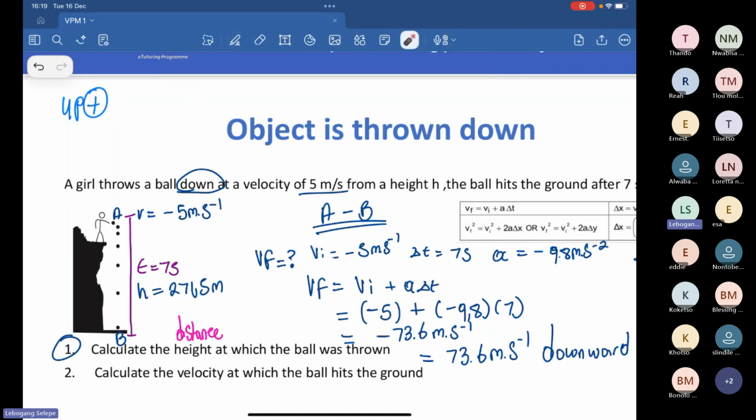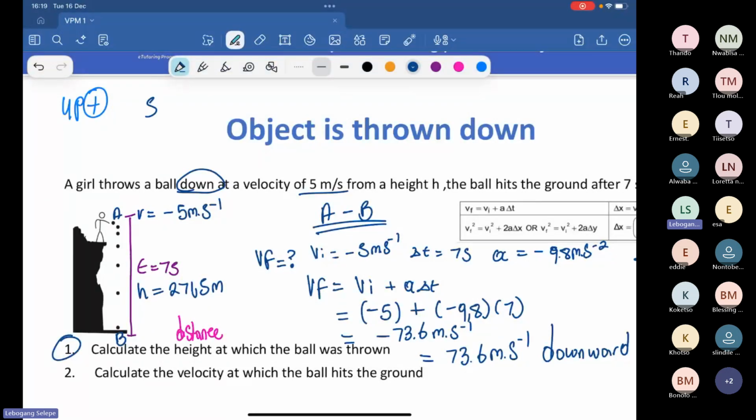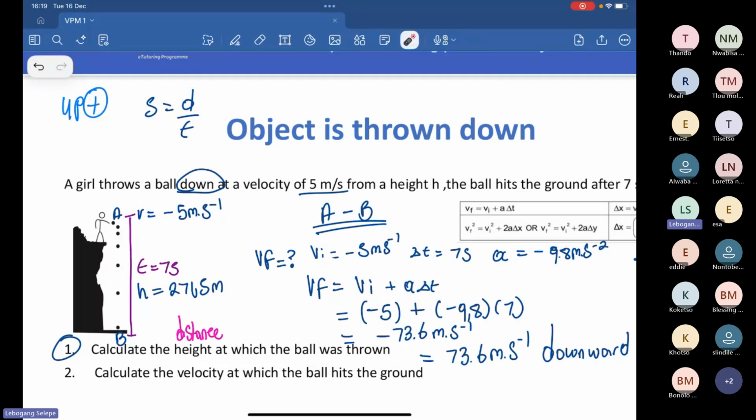Now, the formula speed equals distance over time calculates the average. It does not calculate the speed at a certain point. But these equations of motion calculate the value of the speed or velocity at a particular point.